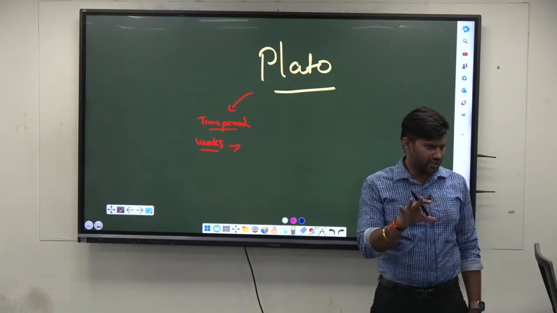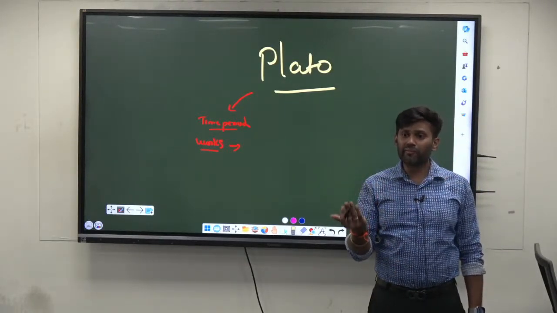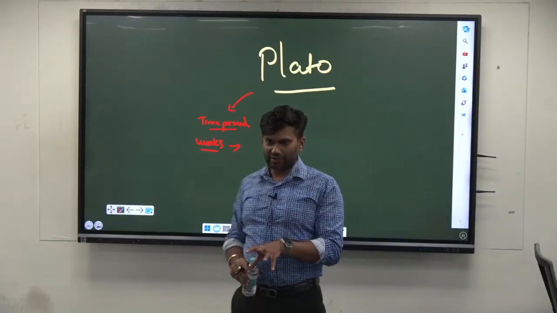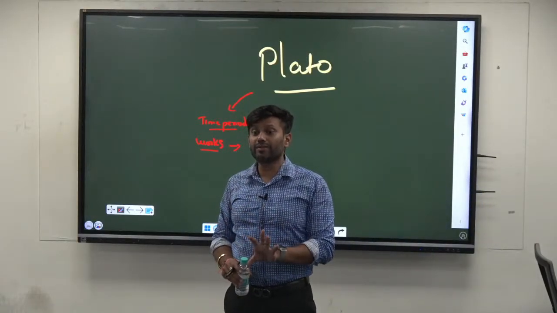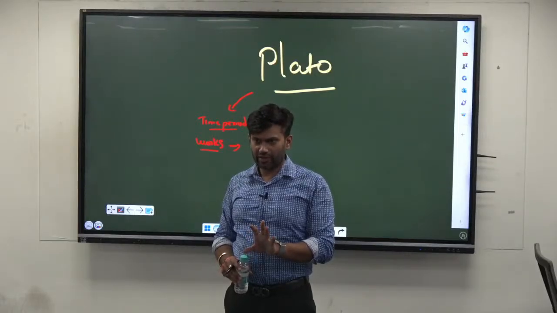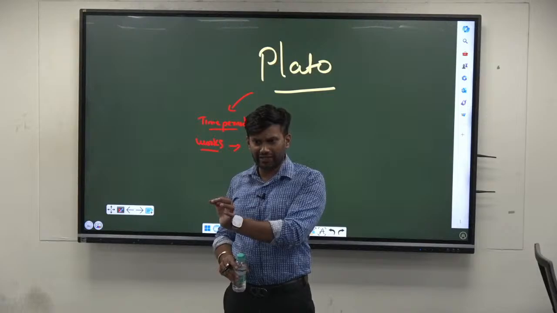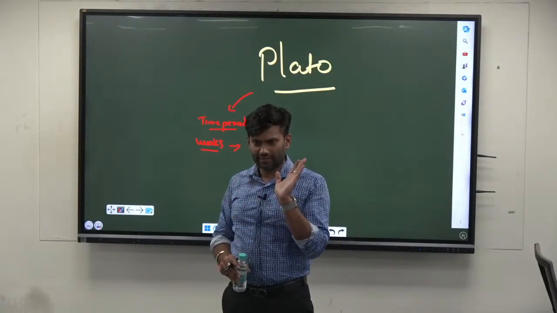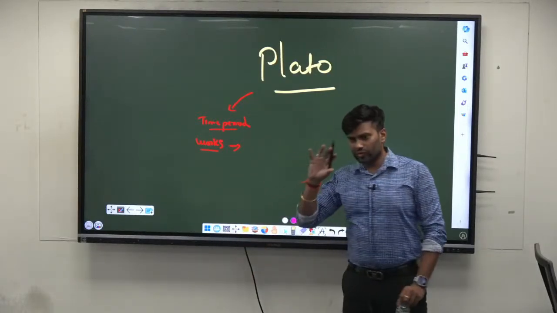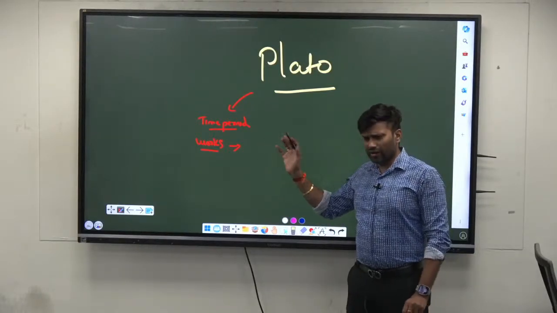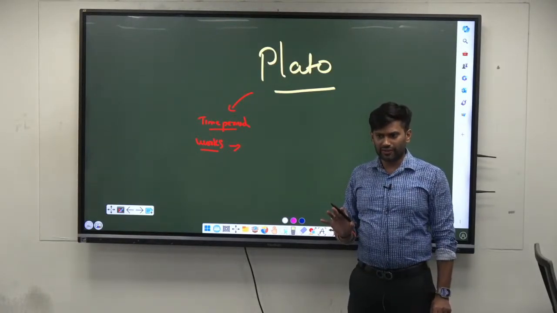I am not saying all the works, any 1 or 2 works you remember, try to bring them into your paper, because the evaluator should feel, okay, this person has read political science. The language you use in your paper, a political science professor who evaluates should feel, this fellow knows the subject. So how do you show that you have knowledge? Try to write works. Remember one important work of each scholar.